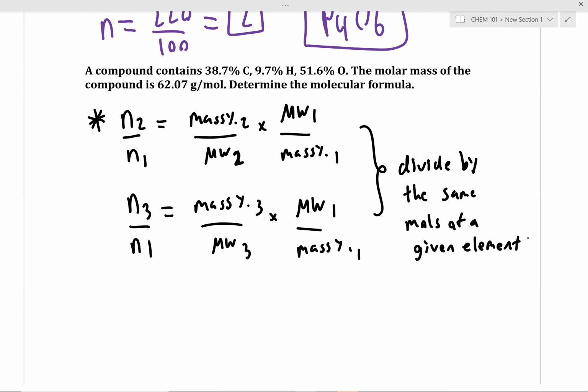Or just double check your calculations in your calculator.